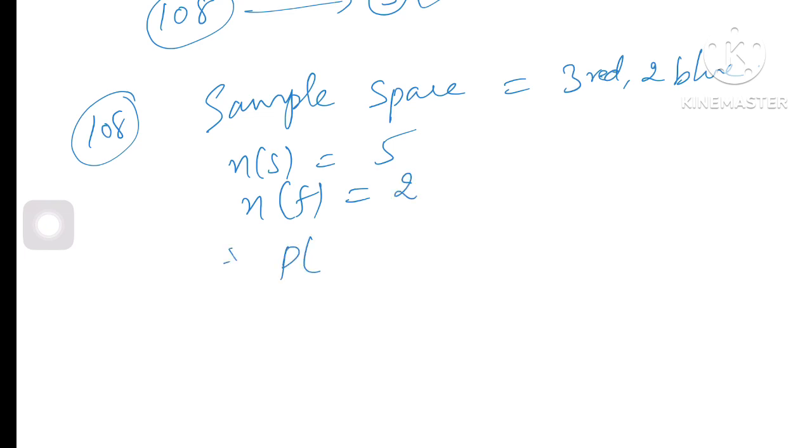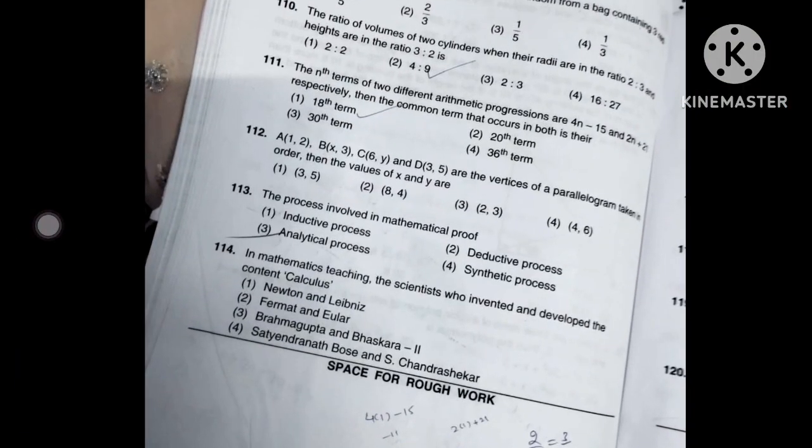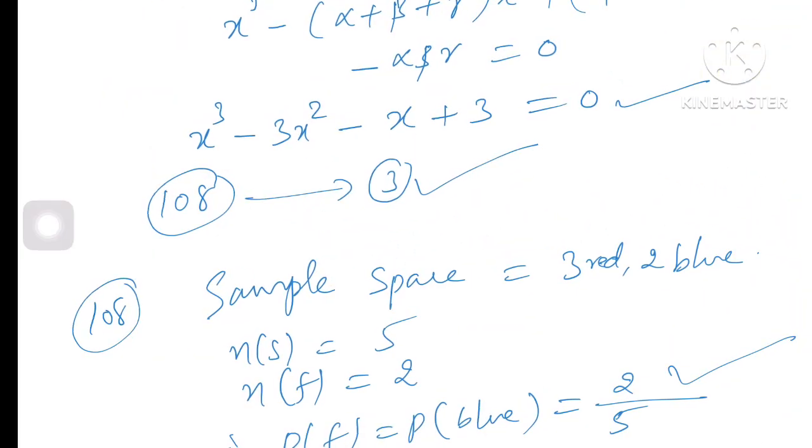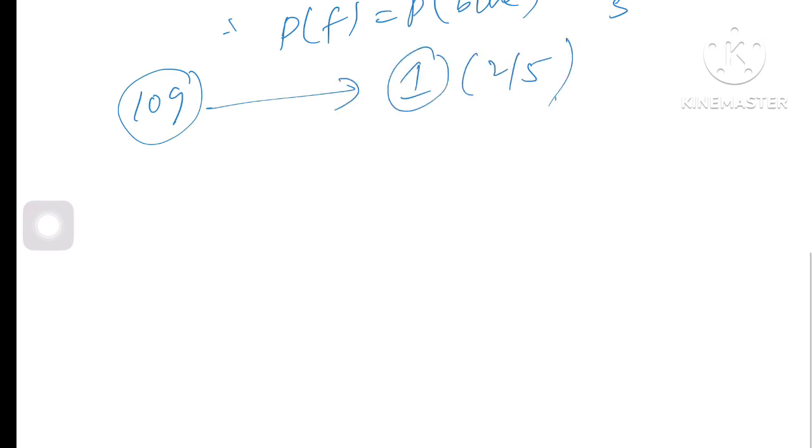So probability of blue is equal to number of blue marbles divided by total number of marbles. That is number of blue marbles is 2, total number of marbles is 5. So that is the probability. Let's see which option we are going to get. That is the first option. So the answer for this is first option, that is 2 by 5.